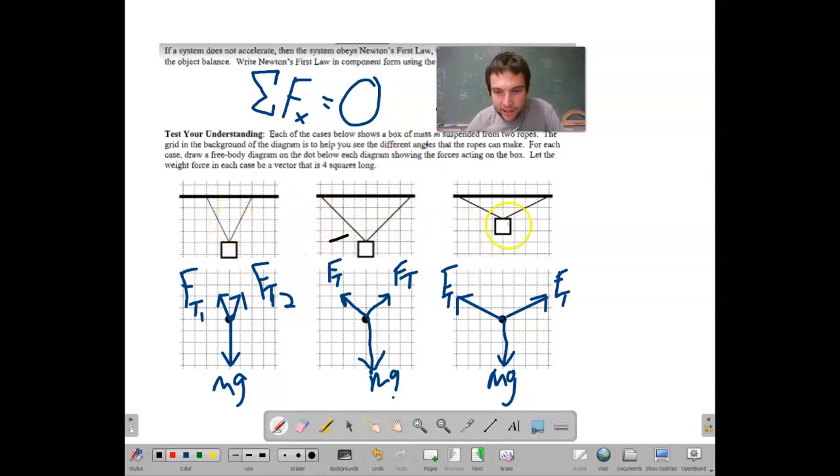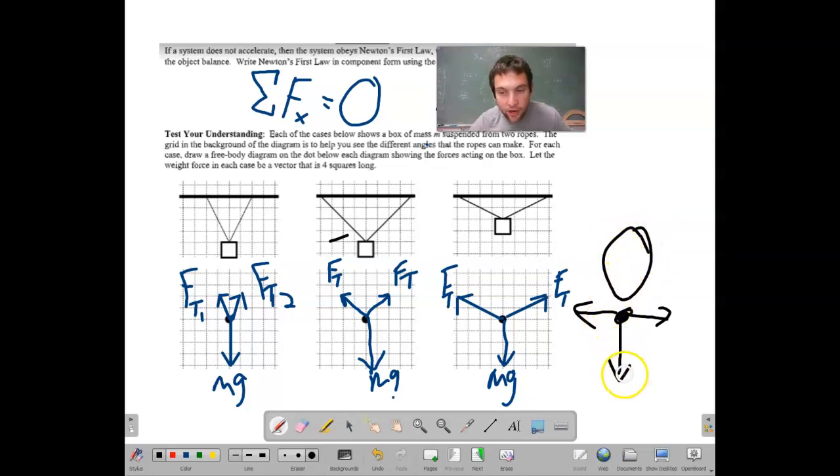Why, as the angle gets lower, can it not ever reach 90? Well, if we have a free body diagram where the ropes are horizontal, are we still in equilibrium? No, there is no vertical component here to cancel out gravity. So this thing's just going to fall down to the ground. There has to be a vertical component to balance out the weight.